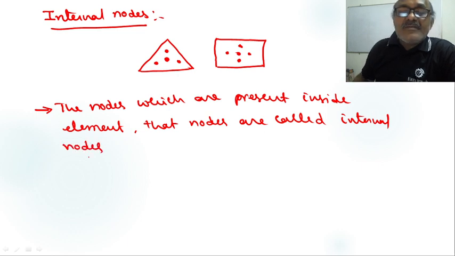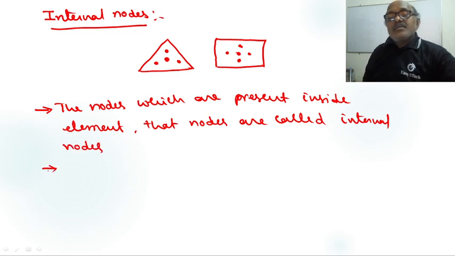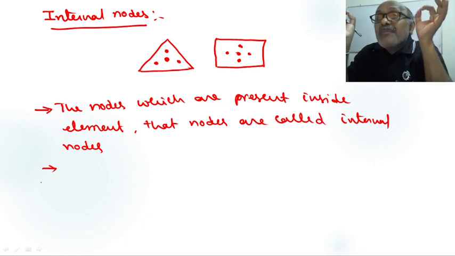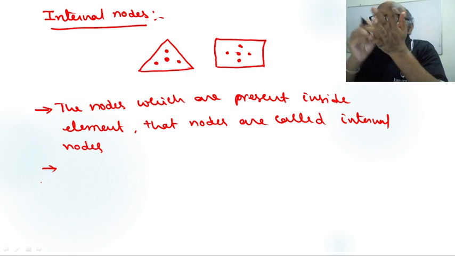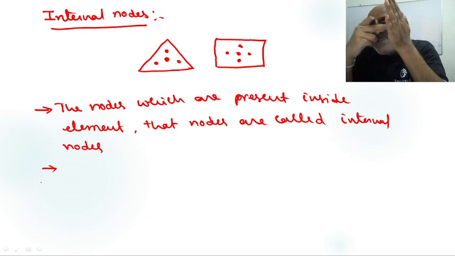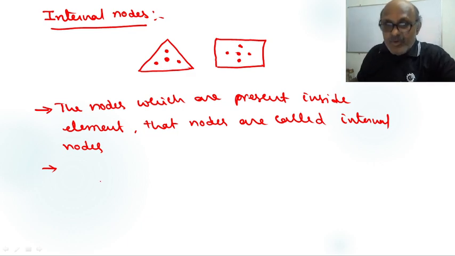For example, if my hand is an element, whatever nodes are present inside the element are called internal nodes.